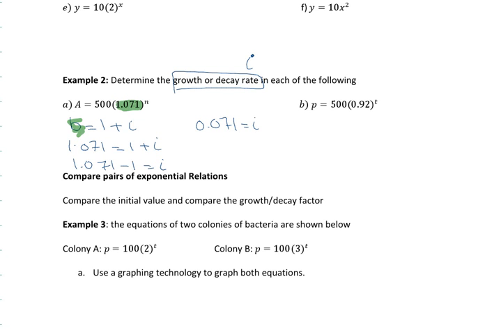Multiplying this by 100 gives you 7.1%. Are we okay with that?